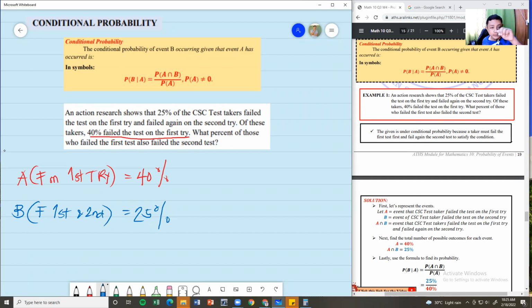From here, we will be using conditional probability. This A is just the one event. But for B, two conditions occurred: they failed the first, and then failed the second. This is where our two events occurred.